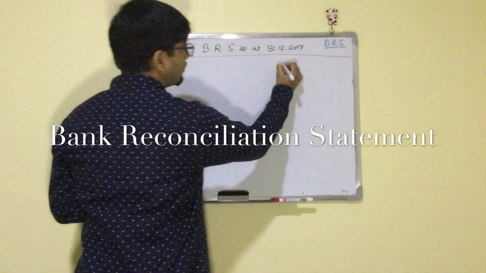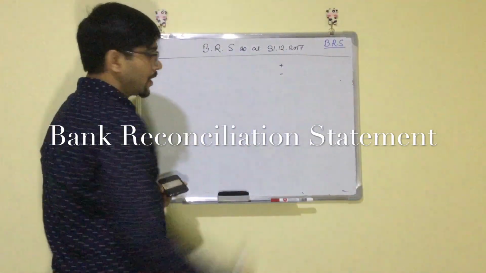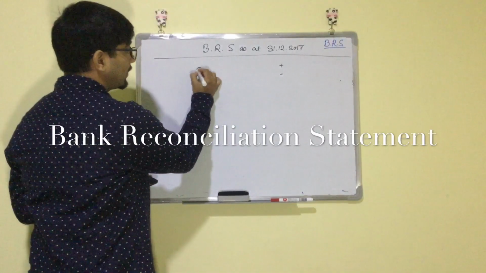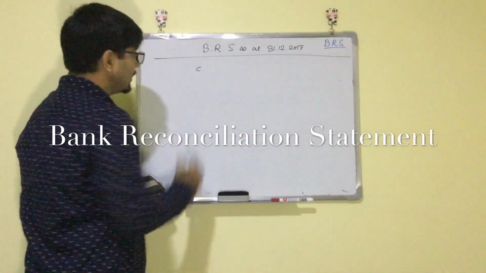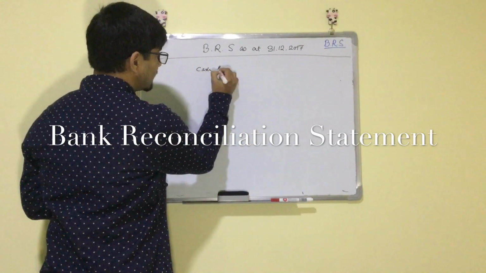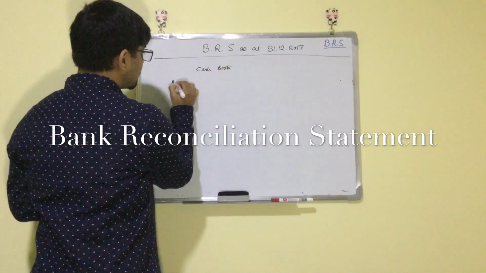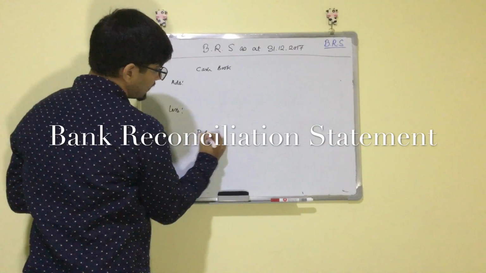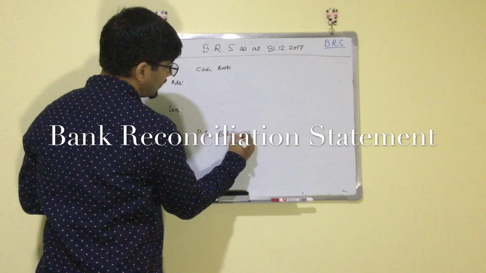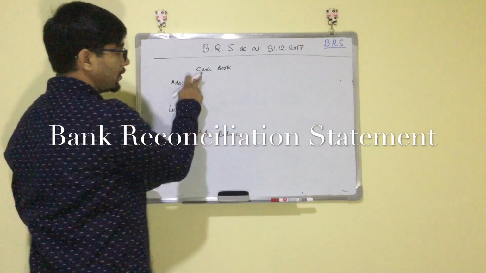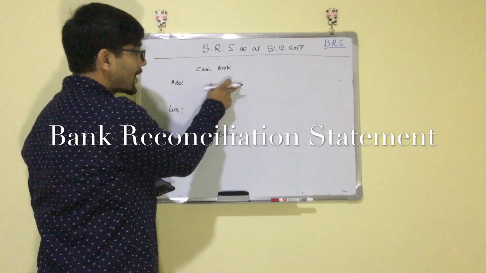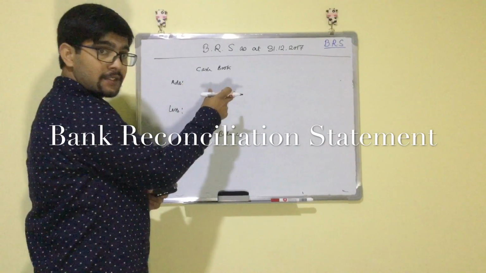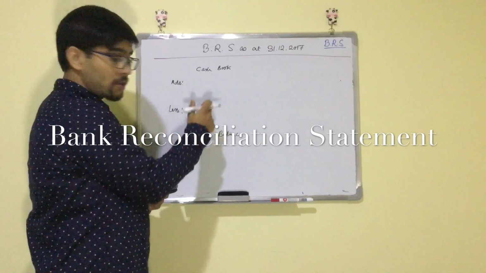Either you write positive, negative, or you add, like there is one format, if you start from the cash book balance, add certain items, list certain items. This is the passbook balance. I have just shown you that you have deducted certain items like $400.